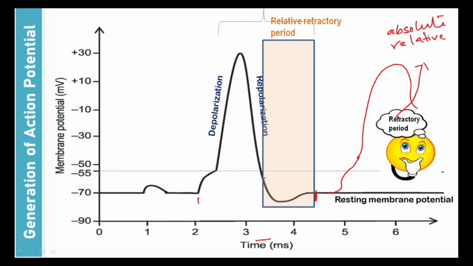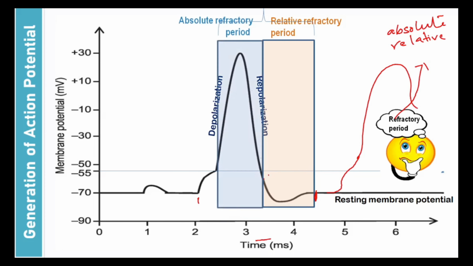That means only if a very strong stimulus comes can another action potential be generated. With a normal stimulus, another action potential won't be generated, but if it is a very strong stimulus, there is a chance that another action potential may be generated.